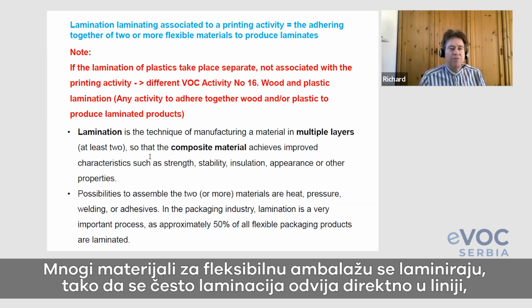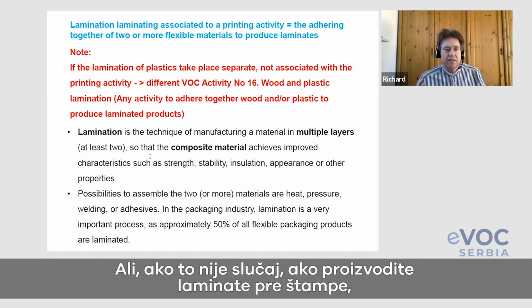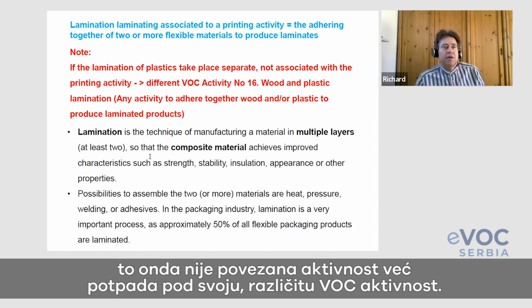And so very often the lamination takes place directly in line or associated with the printing activity. But if not, if you, for example, produce a laminate before you print by separate machines, that means it is not an associated print activity that we have to count to the category printing, but it's a different VOC activity.